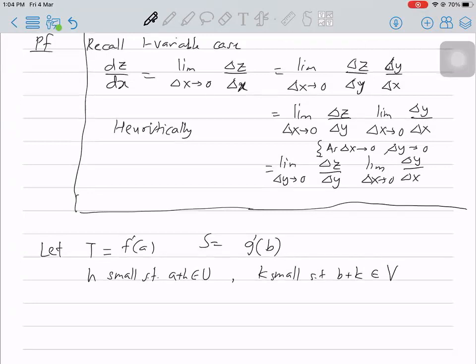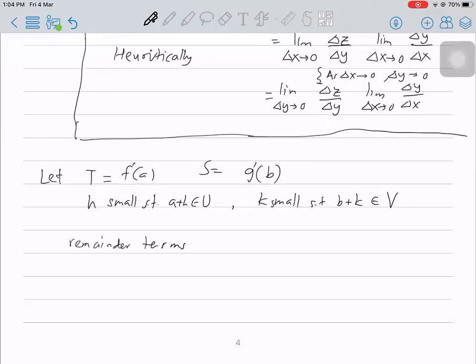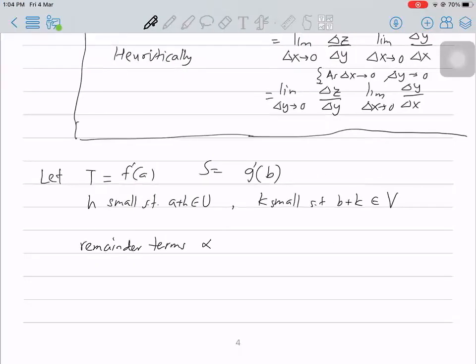Remember, we had those error terms, what I call the remainder terms. So let's write down the remainder terms here. Let me call it alpha of h. What is that? F of a plus h minus f of a minus what?